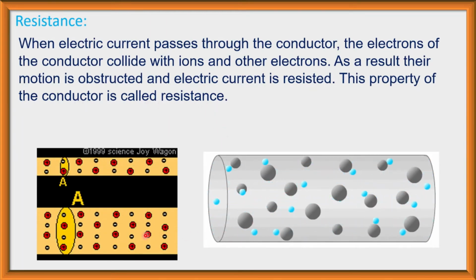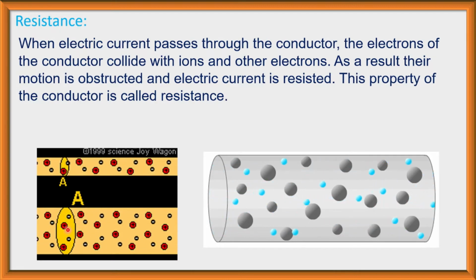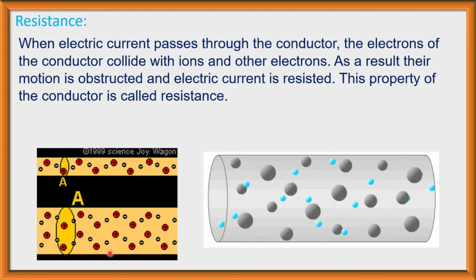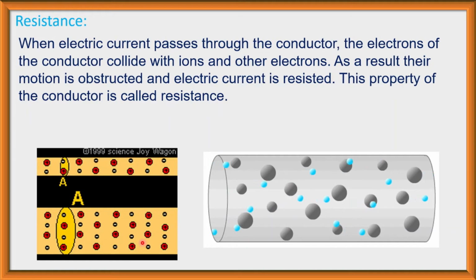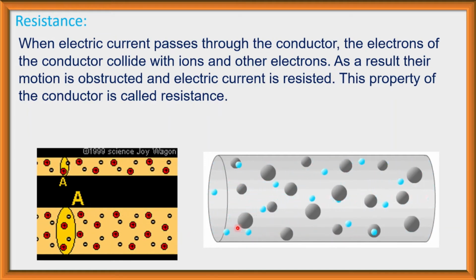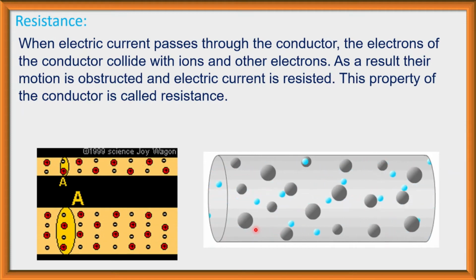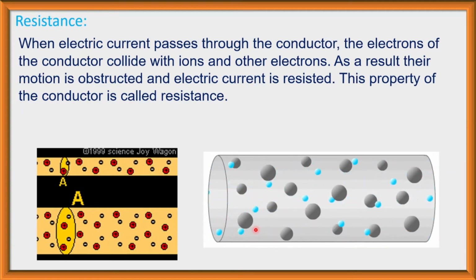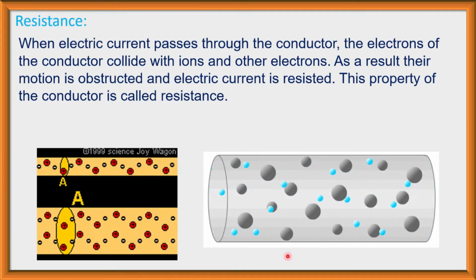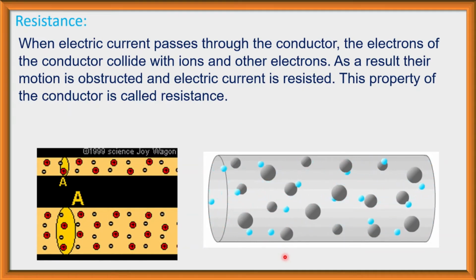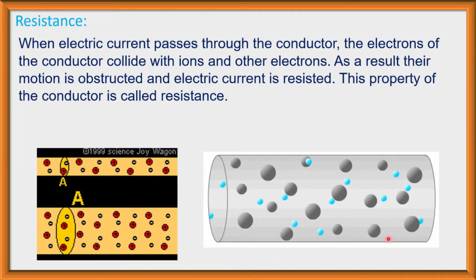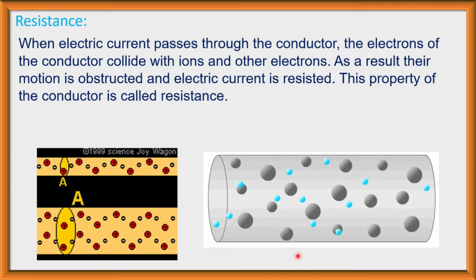That is, when electrons pass through the conductor, they can collide with other electrons or ions of the conductor, and due to this collision their motion is obstructed and current flow is resisted, and this property of the conductor is resistance.